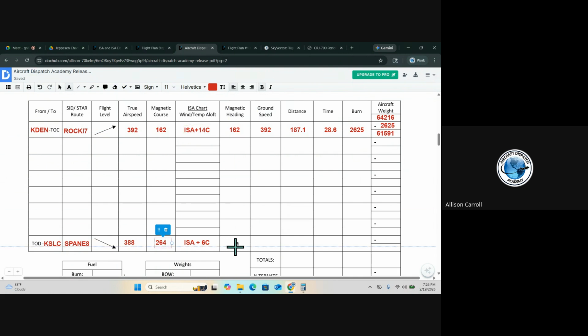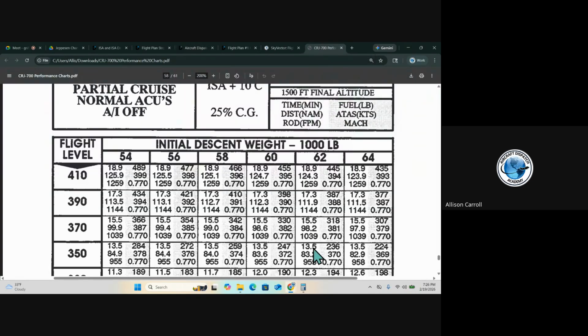These next two boxes are going to mirror these boxes again. So our heading and then our ground speed. Distance, time, and burn, remember, they all come from the performance chart. So that 62 and then that 390. Our distance is 111.9.